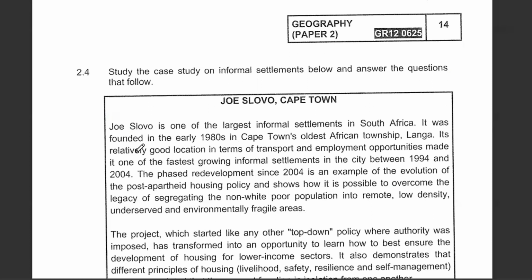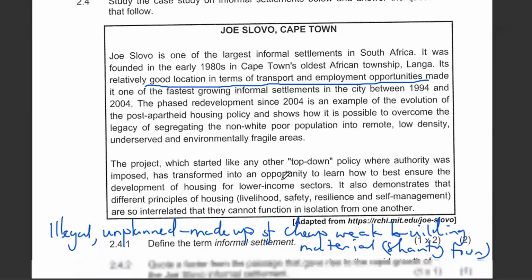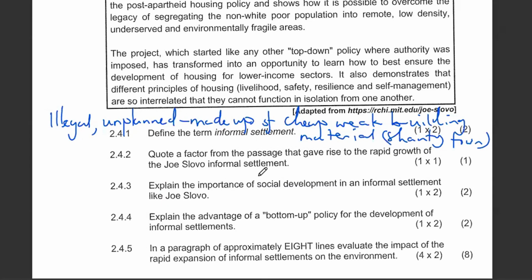Its relatively good location in terms of transport and employment opportunities made it one of the fastest growing informal settlements. For this reason, it has a good location in terms of transport and employment opportunities. That is why it is having a rapid growth.